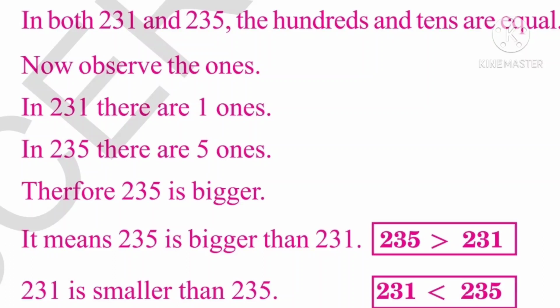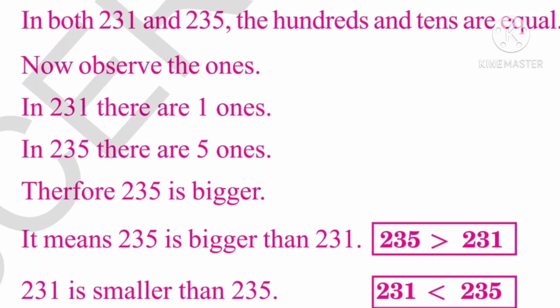Children, look at the chart. In both 231 and 235, the hundreds and tens are equal. Now observe the ones. In 231, there is 1 one. In 235, there are 5 ones.